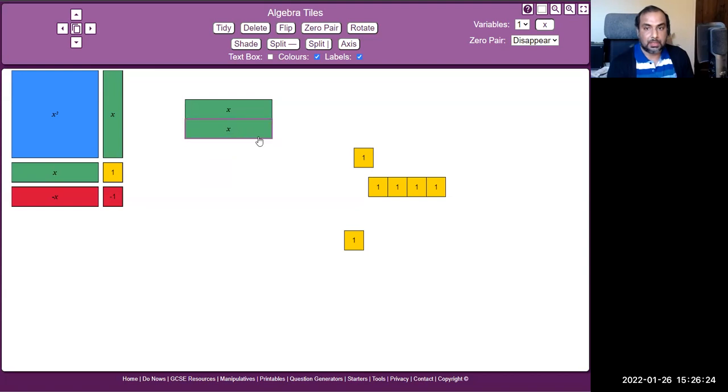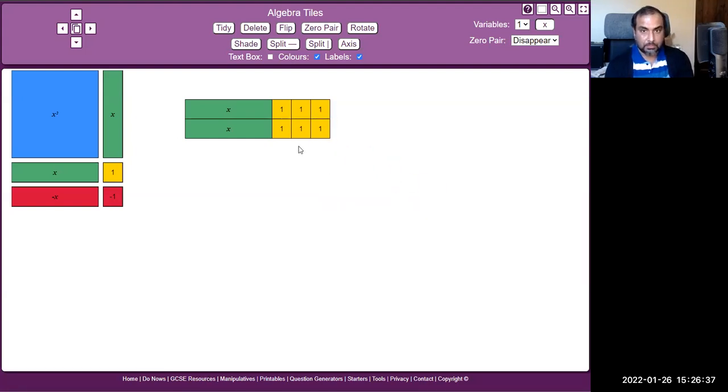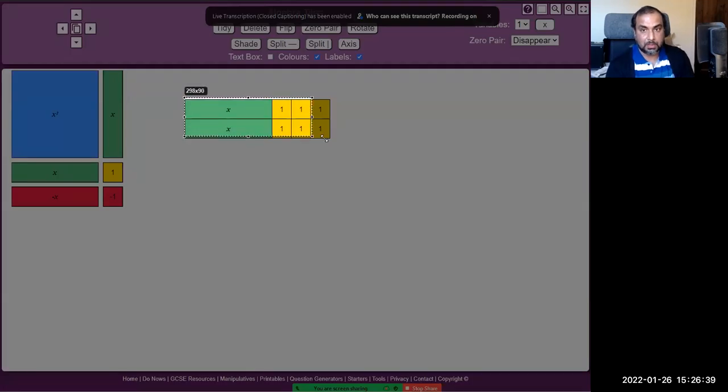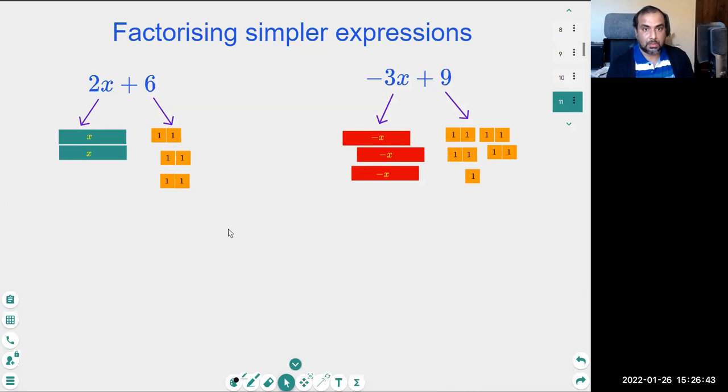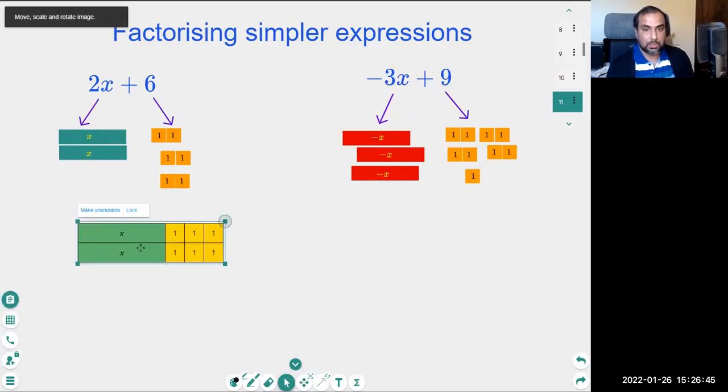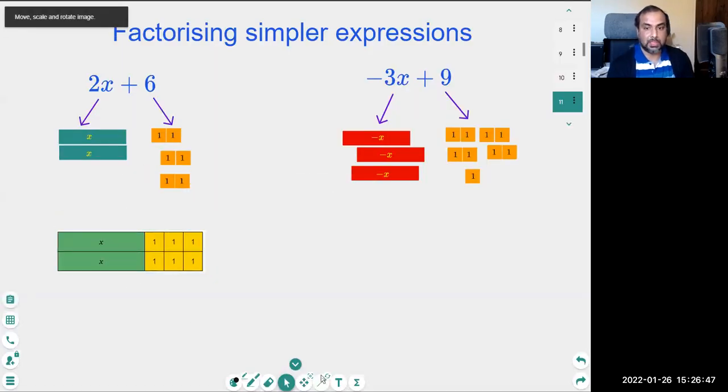I'm gonna do it this way. Just gonna snip that into bit paper. That's MathSpot. So that's 2x plus 6 rectangularized.